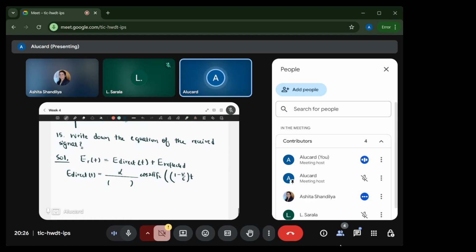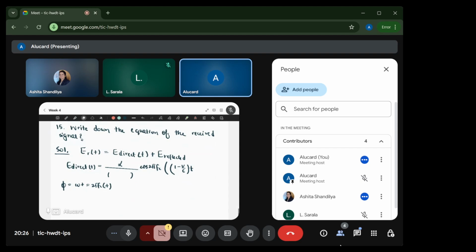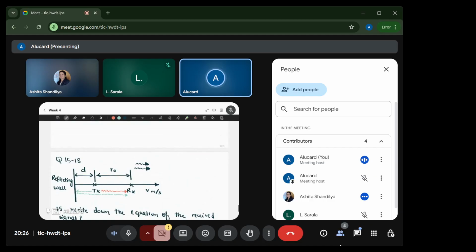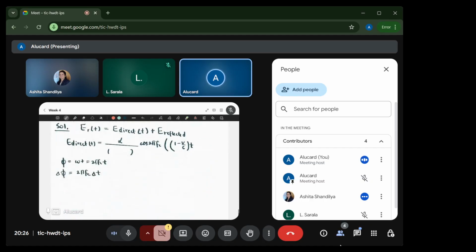The other component is the phase change due to the time delay. So if you write phase as omega t, which is 2 pi fc t, then there is a change in phase due to the time delay. There's a time delay because the transmitter and receiver start out initially R0 apart.